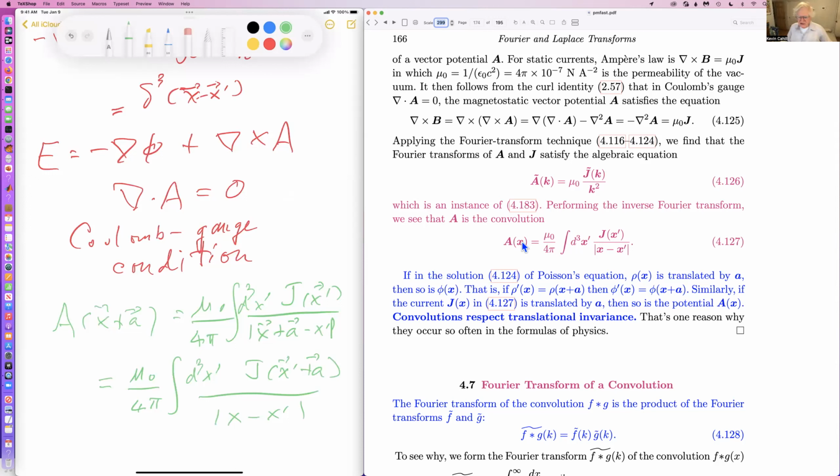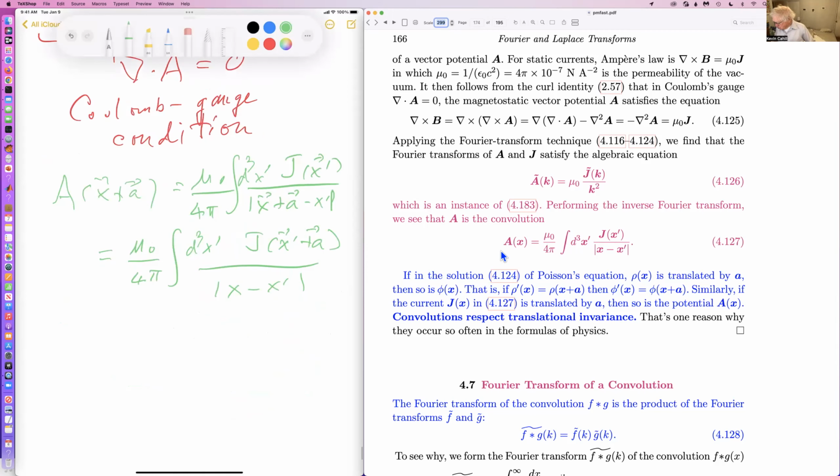And so what's nice is that convolutions respect translation invariance. If you change rho to rho plus a, phi goes to phi prime, which is phi of x plus a. And what I derived is that if you change j by adding a, that changes A by a.